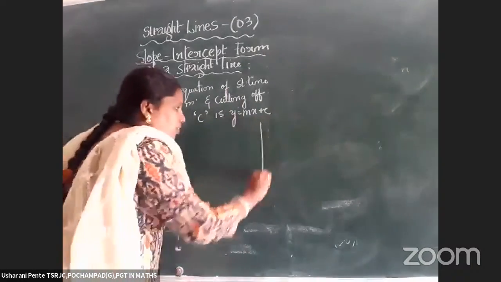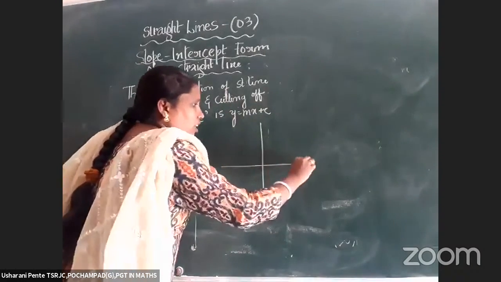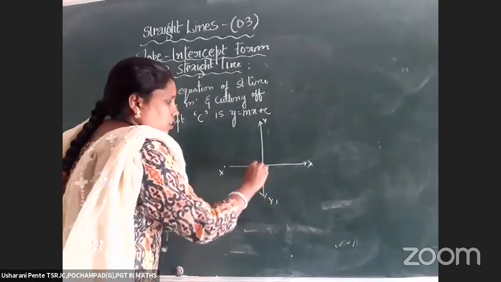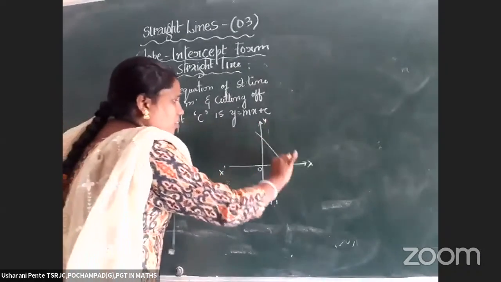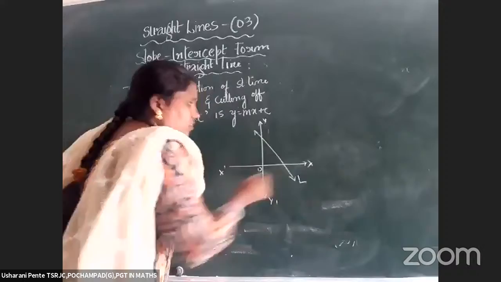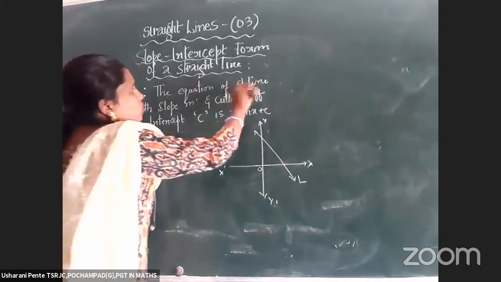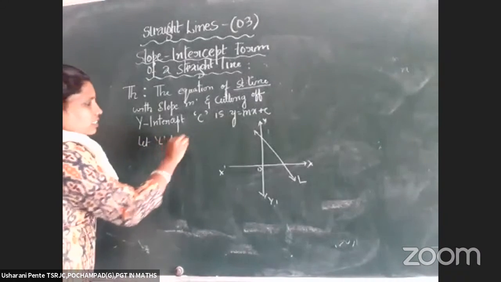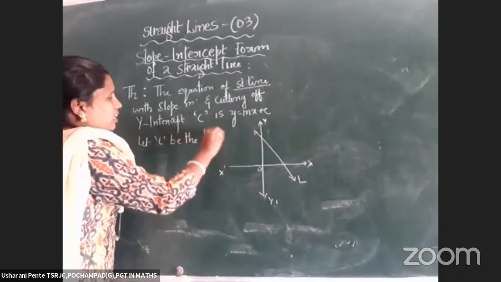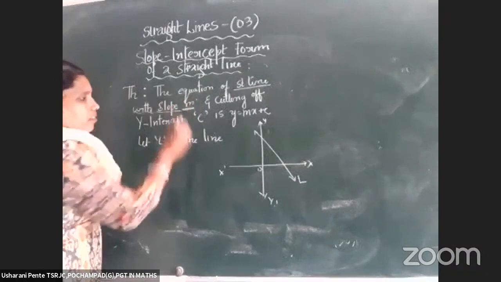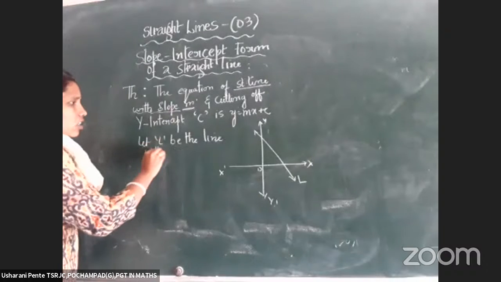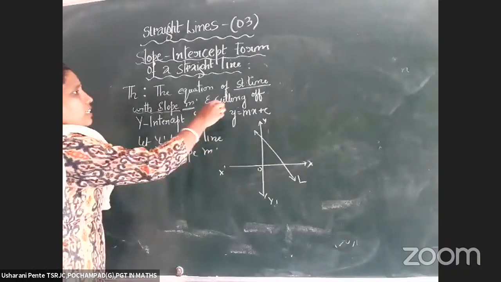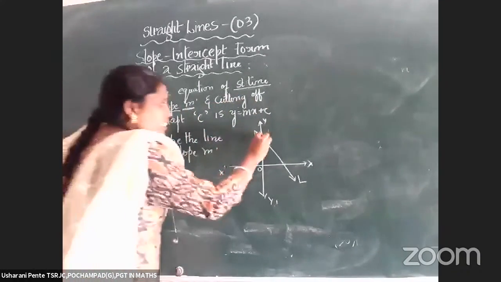Then what do we have? We take a straight line L. Let L be the line with slope m, cutting the y-intercept.